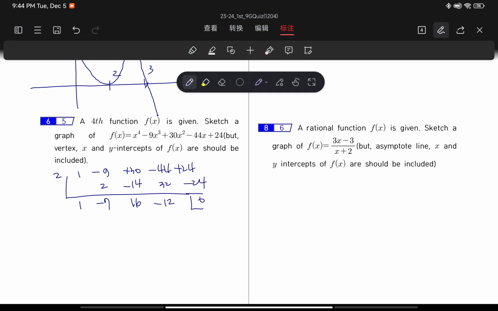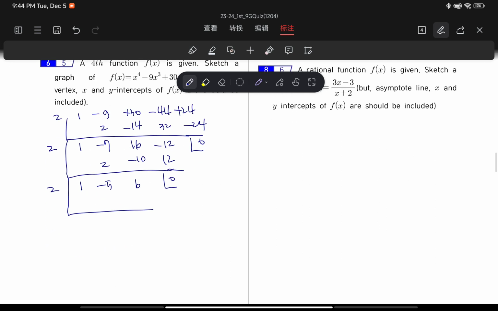Okay, one more 2: 1 and 2 and minus 5 and minus 10 and 6 and 12. Okay, so one more 2: 1 and 2 and minus 3 and minus 6 are 0. So x minus 2 cubed times x minus 3 is f(x).